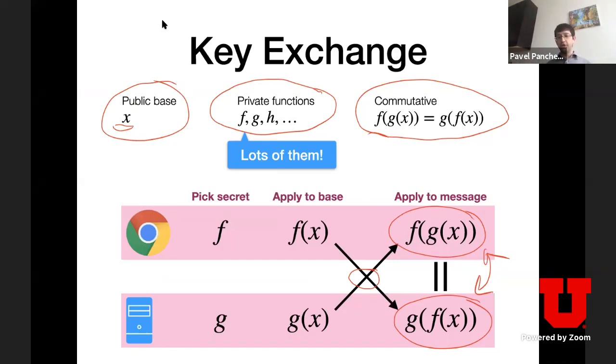So this is the general scheme of key exchange, presented with only the key steps. So let me take any questions on this basic idea.